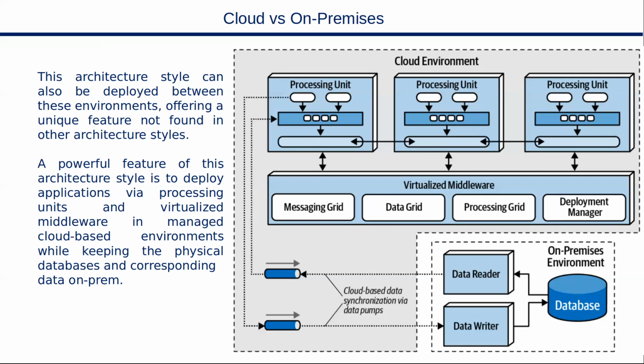But if you are worried about your data, you don't trust cloud solutions, and you want to keep all of the data, maybe quite sensitive, on your own side, then you can put all such data on the on-premise environment. So the data reader and writer, and finally the database, will work with the data in the on-premise environment.